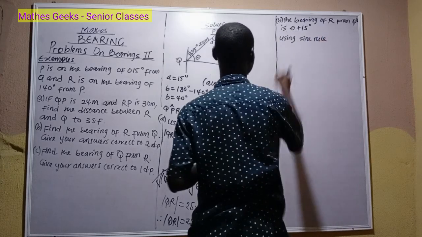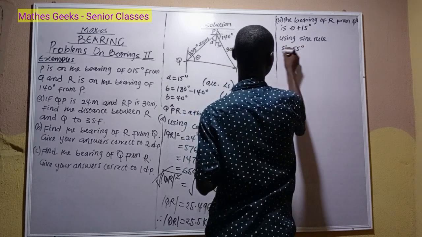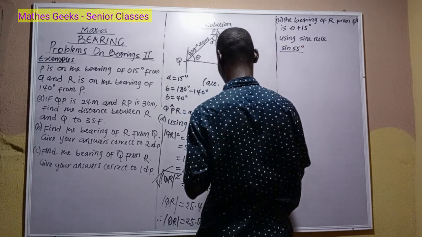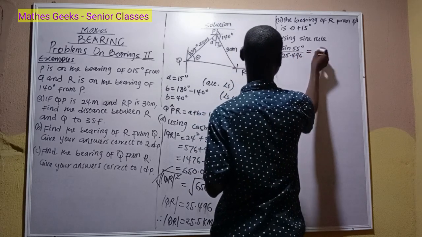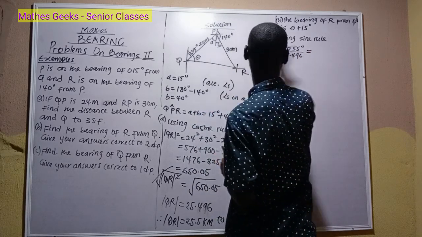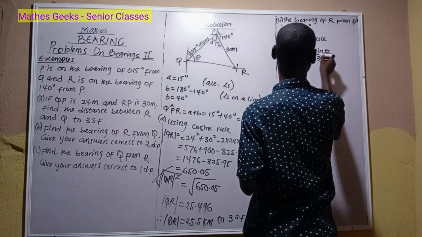So using the sine rule, sine 55 degrees over 25.496 equals sine theta over 30.